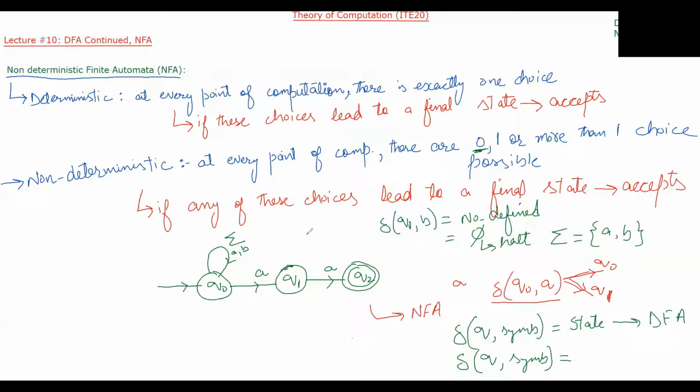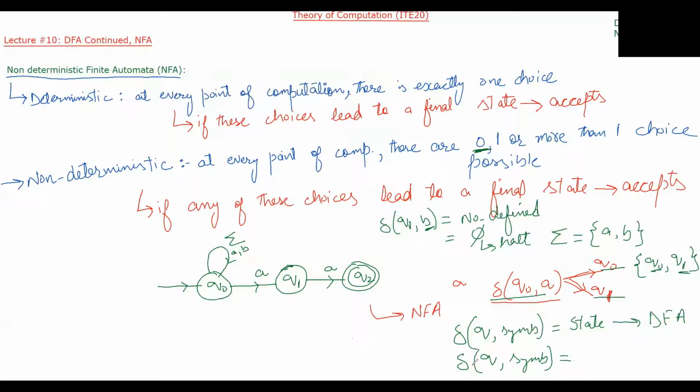Okay, it will get stuck here. So how many transitions are possible? Zero on this particular state for alphabet symbol B. Or you can see on state Q0 how many transitions are possible? The output is that it may go to one of these states, either Q0 or Q1, in this transition.